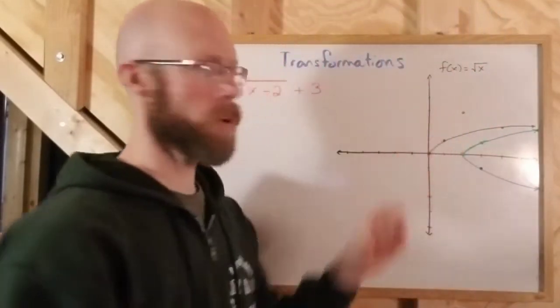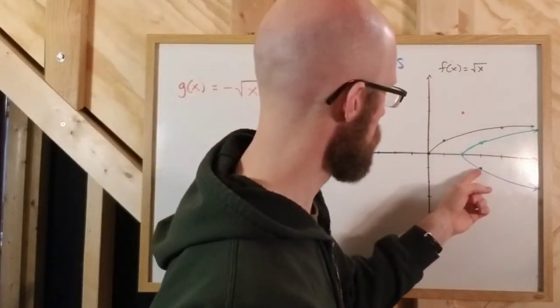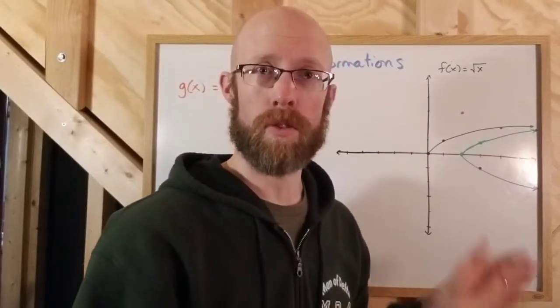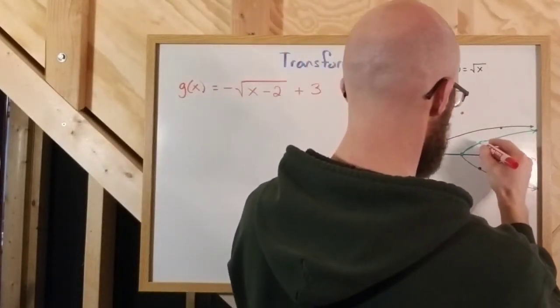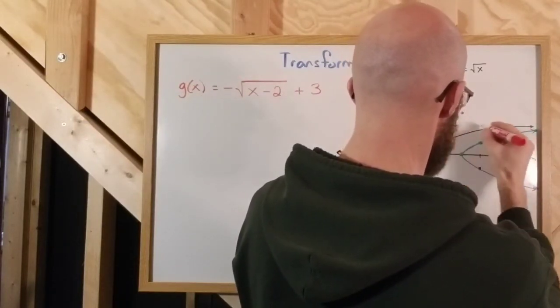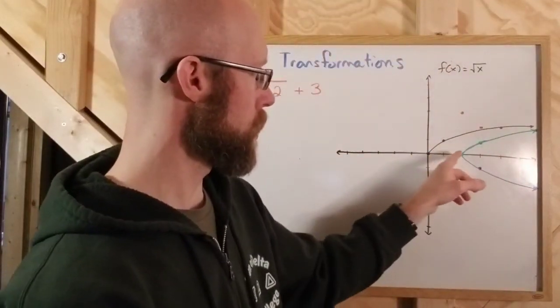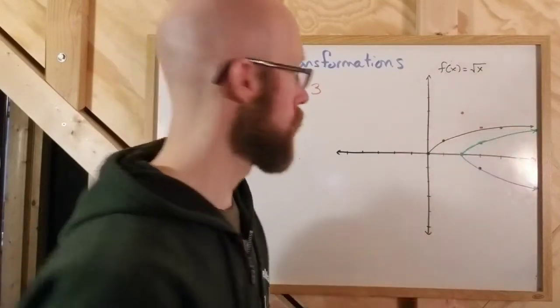So there's my point. The next point is over here. 3, -1 is going to increase 3 units, so that would be 3, 2. If I were to add 3 to that, that would be right about there. And then the final point, instead of being at 6, -2, it would be at 6, 1.